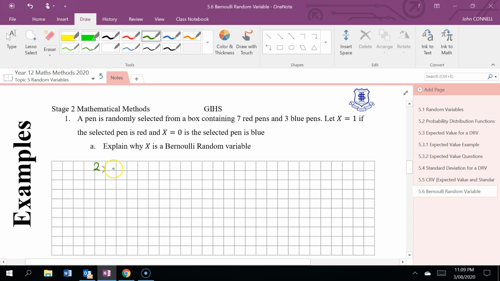First thing to say is that there's only two outcomes. We can either get a red pen or a blue pen. So x equals 1 for one outcome and x equals 0 for the other.